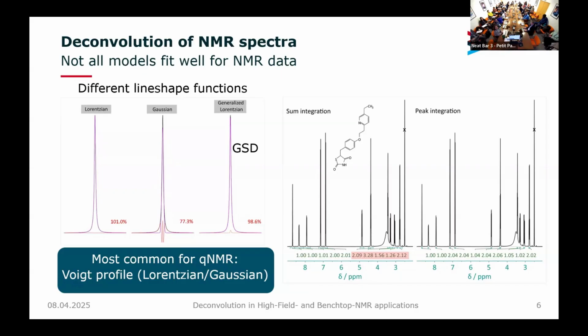If you can choose between different models, you need to ask yourself what would be the right choice for fitting my peaks. You can see in one example here that you get some broad feature in this spectrum. If you just do some integration, you can see a large influence of these signals very close to this broad feature. If you do some line fitting, in this case with the Lorentzian Gaussian mixture, you can see much better results.